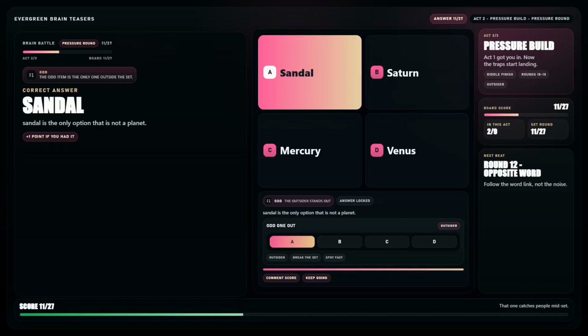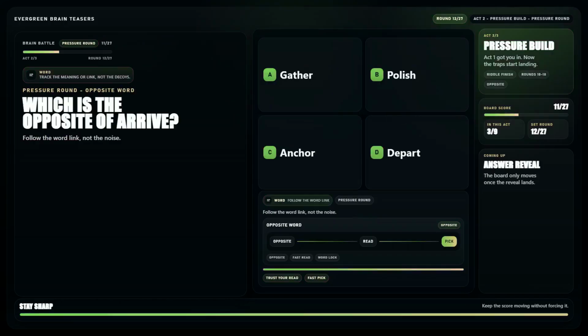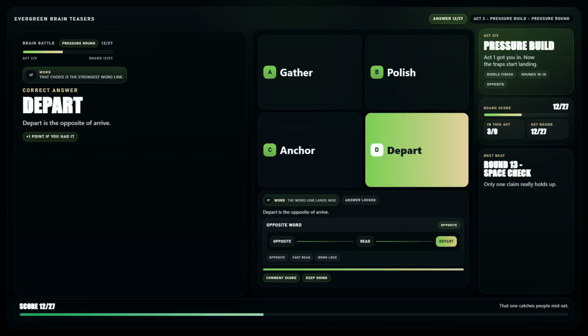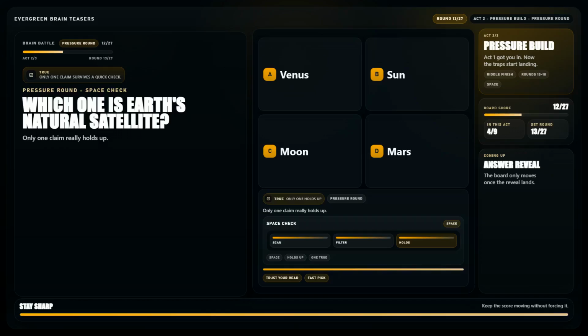3 belong together. Word switch. Which is the opposite of arrive? Depart. Fact switch. Which one is Earth's natural satellite?